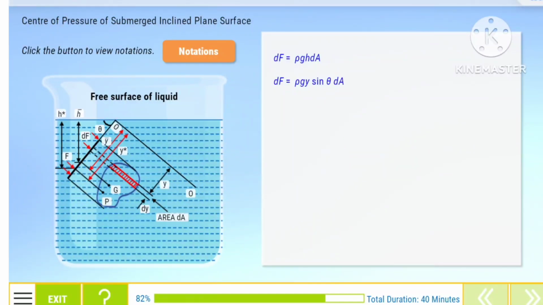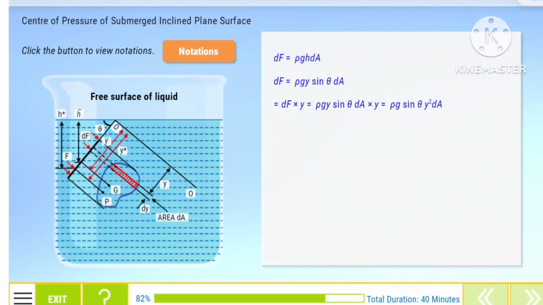The moment of the force dF about axis O' is equal to dF into y, which is equal to rho g y sine theta dA into y, which is equal to rho g sine theta y squared dA.